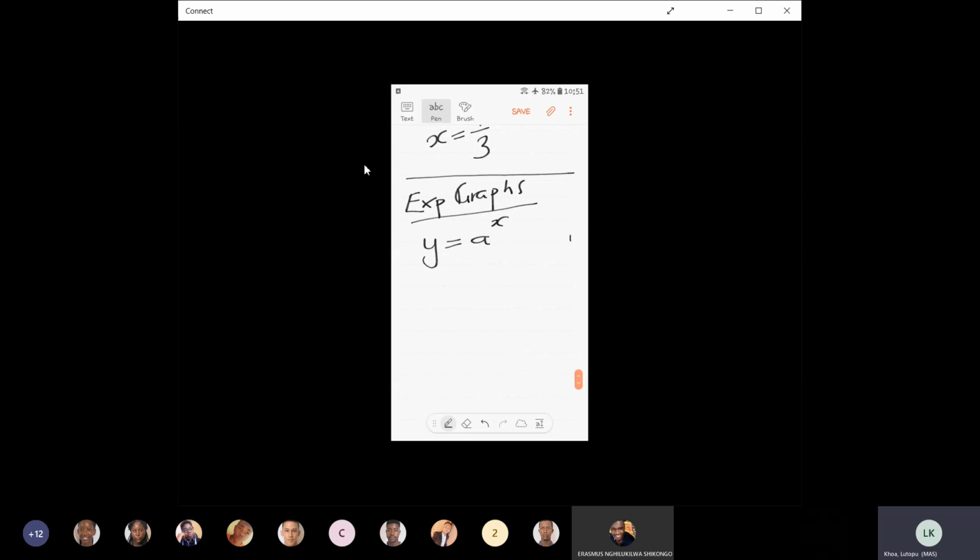You have y is equal to a to the power of x. So you've done graphs before. For example, with lines, you had y is equal to mx plus c. That is what a line looks like. It has that formula. Now exponential graphs, they have that formula. Plot them on the x and y axis.